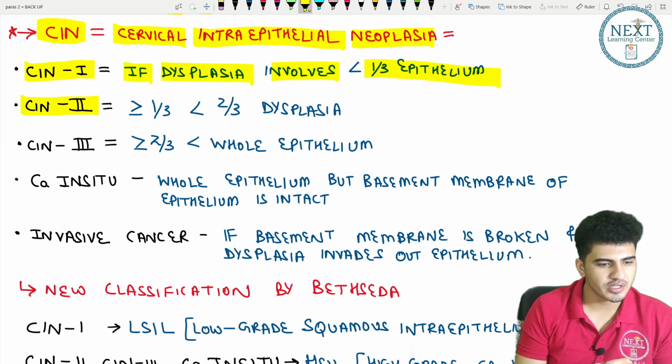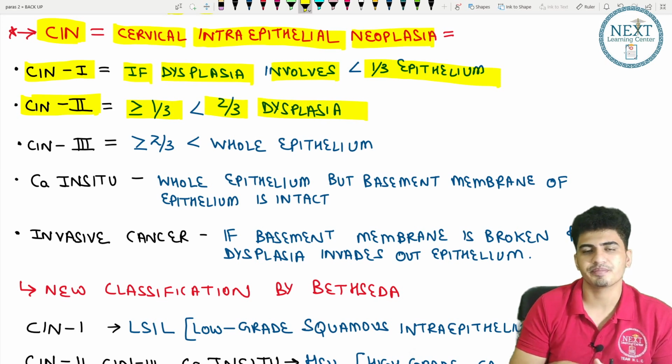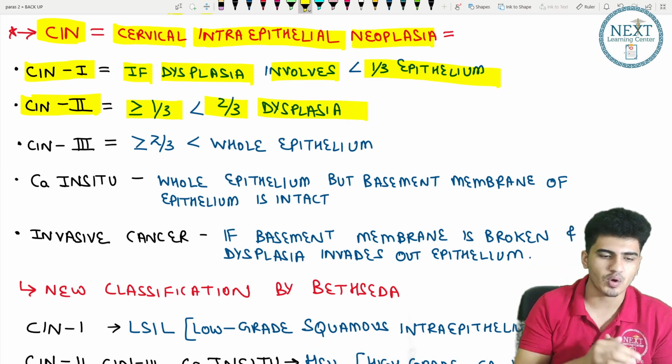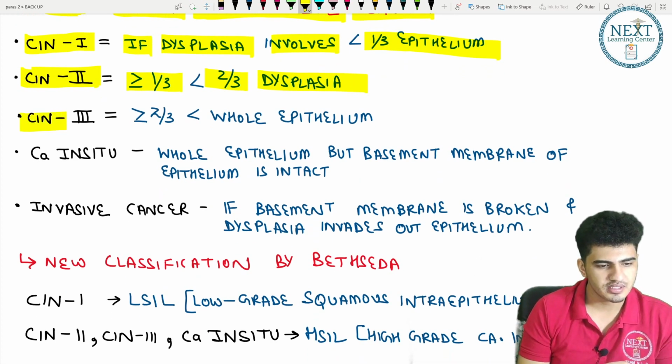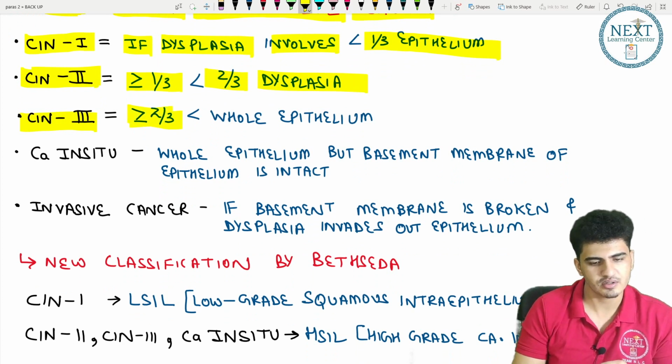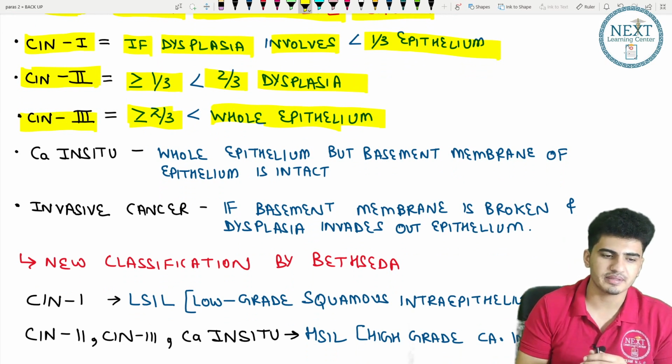In CIN 2, there is more than one third and less than two third dysplasia. CIN 3 is more than two third to the whole epithelium.